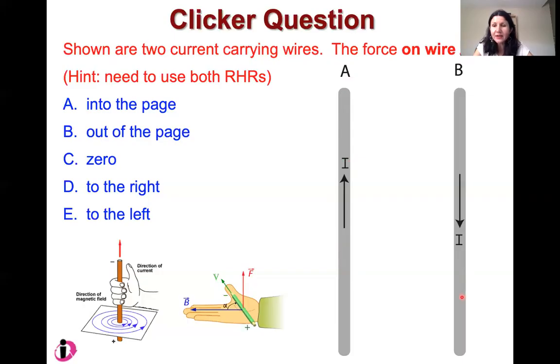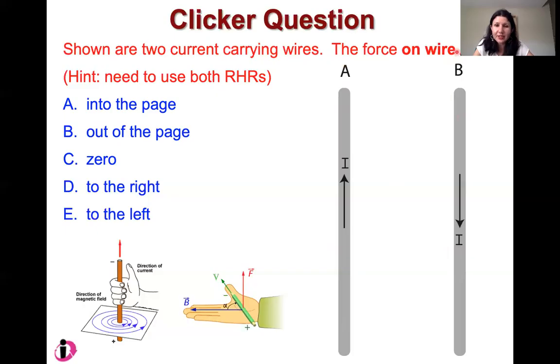So what we have to figure out here is, what is the magnetic field generated by B, and in which direction is it at the location of A? So you could think about wire B as our source, and the charges in wire A are tests that are feeling that source.